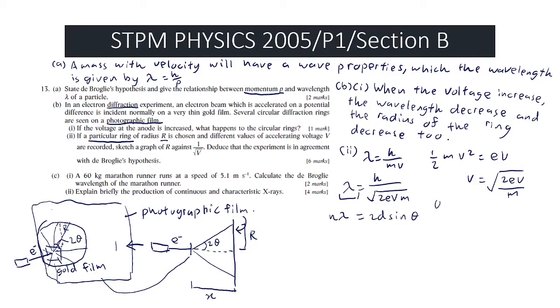When theta is very small, this is approximately equal to sine theta, so we can write this as 2 theta, and this is also approximately the tangent.